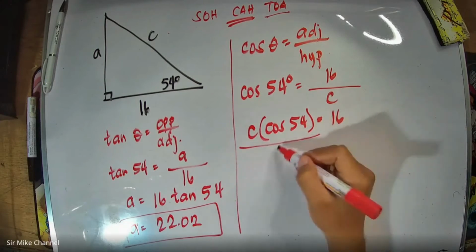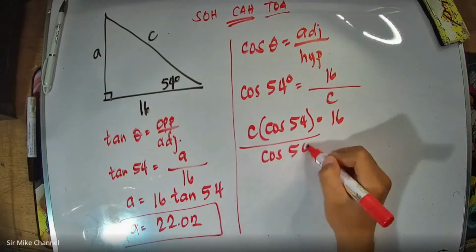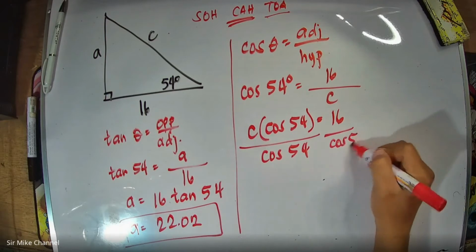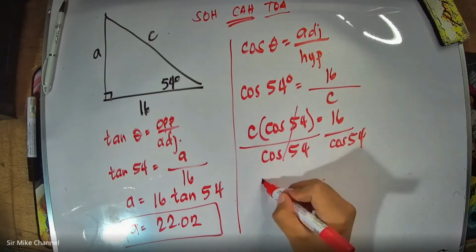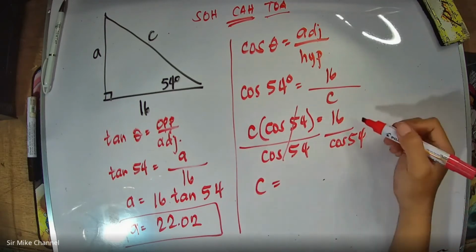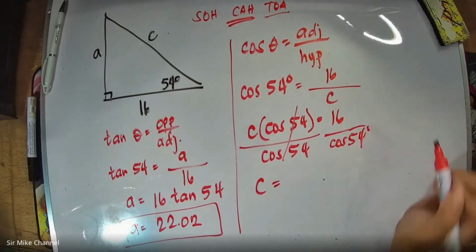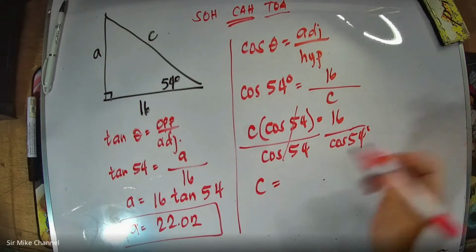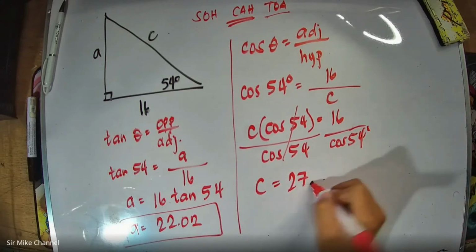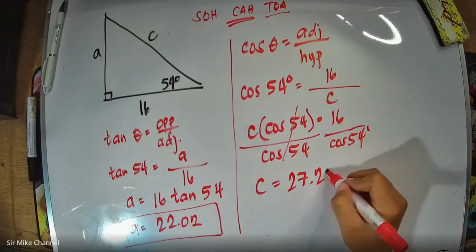To get the value of C, divide by cosine 54. The cosine 54 cancels out, becomes 1. So C is equal to 16 divided by cosine 54. Using the calculator, the final answer is 27.22.